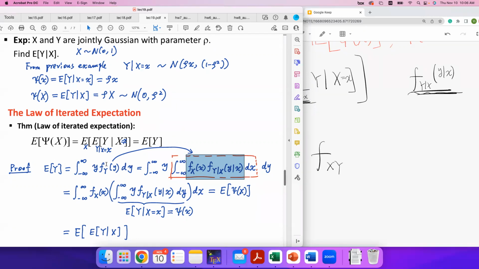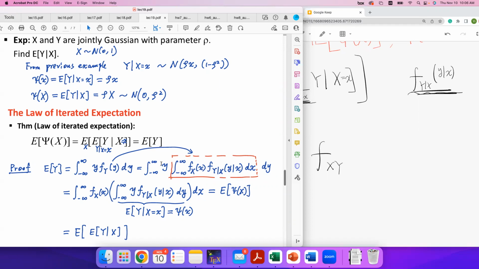We're just decomposing f_y using the conditional PDF and marginalization. And then this will give us a double integration, so we have dx, dy. We can exchange the order of integration to dy, dx by rearranging the terms properly, right?